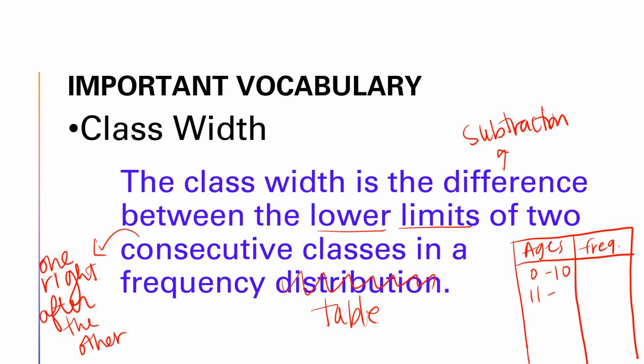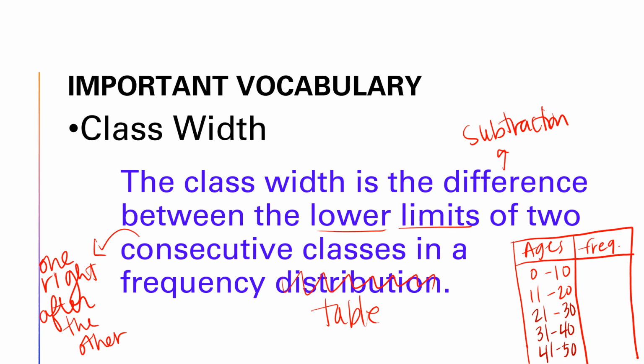So like 0 to 10, 11 to 20, 21 to 30, 31 to 40, and we'll just stop at 41 to 50. Let me give you an example of a class width. You would take the lower limits of two consecutive classes.